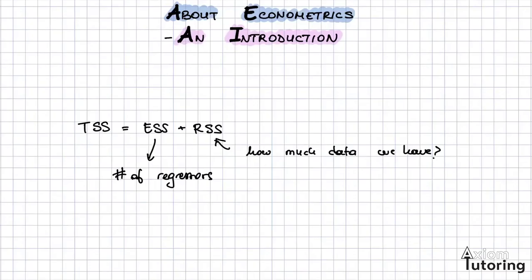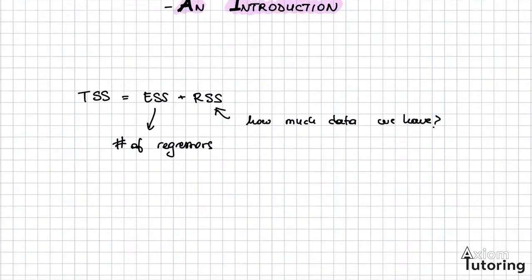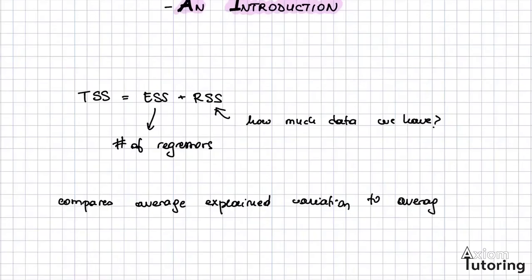And to keep the comparison fair, because we said it compares average explained variation to average unexplained variation, with average being the keyword in here, we need to scale the explained sum of squares by the number of the regressors and the residual sum of squares by the remaining degrees of freedom.